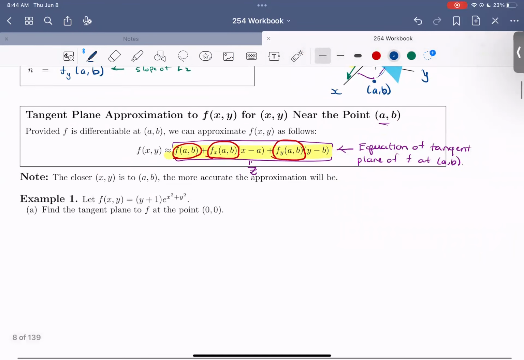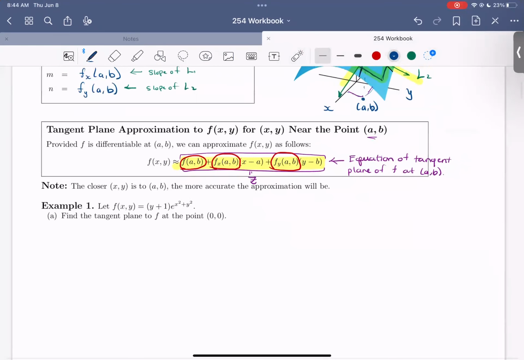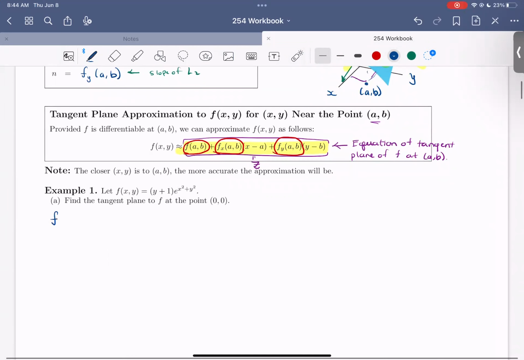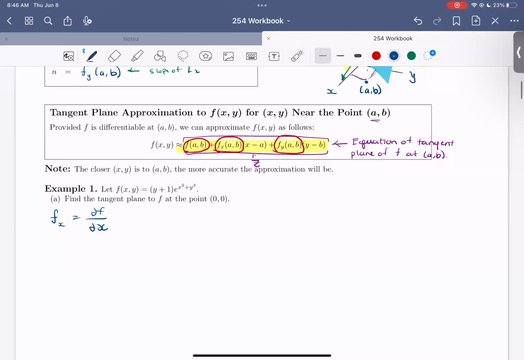Why don't we start with computing those partial derivatives? All right, so we're going to compute the partial derivative with respect to x, in other words, df dx. So what does it look like to compute a partial derivative of f? If we look at the function y plus 1 times e to the x squared plus y squared, what we want to do is compute the derivative of this function with respect to x.